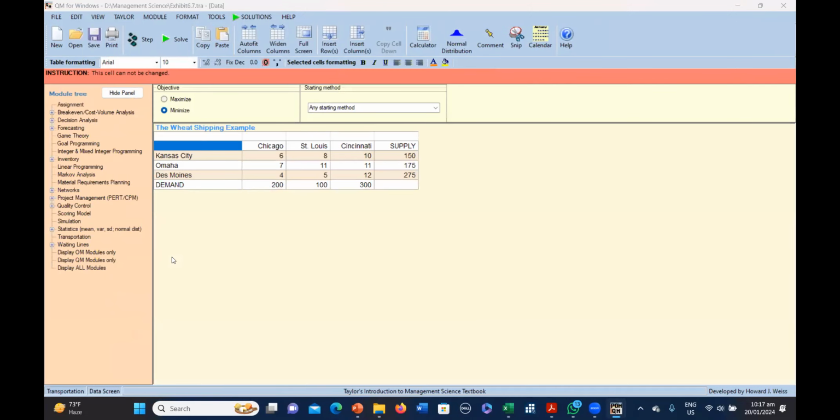Usually the Excel QM solution is easier than the Excel Solver approach, which many of you are struggling with.